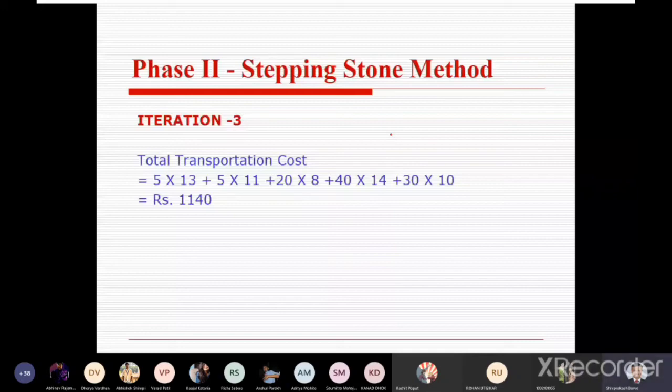So this is one complete method, the stepping stone method. Is there any doubt in this method? Or is everything understood? Otherwise, we will go for the next method, the modified distribution method.